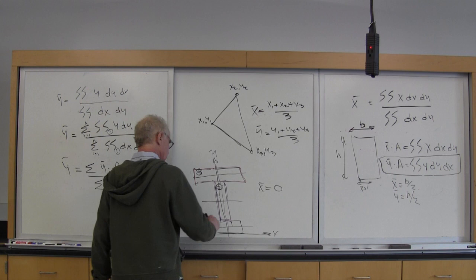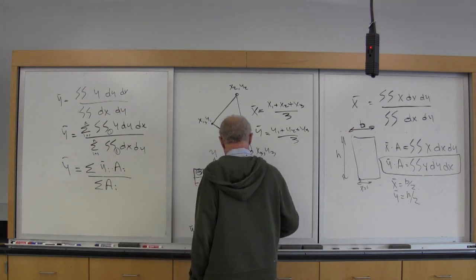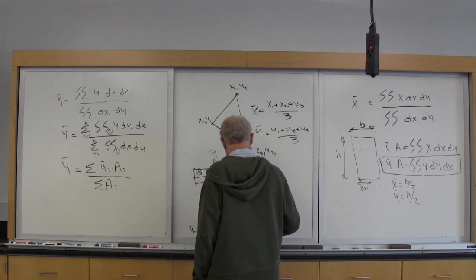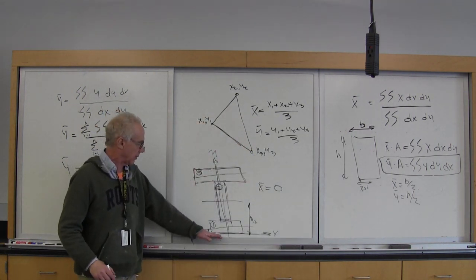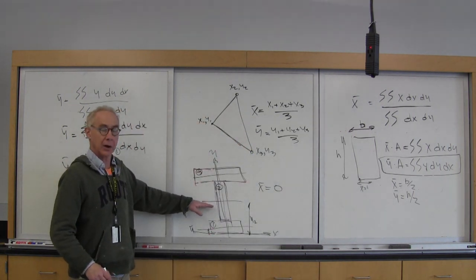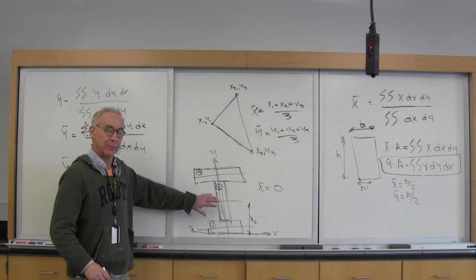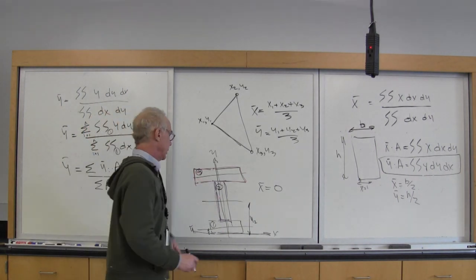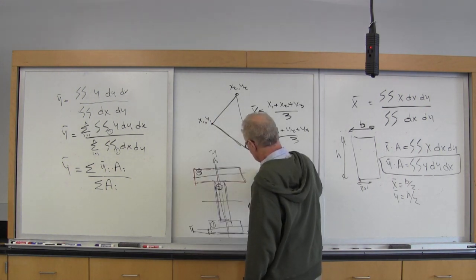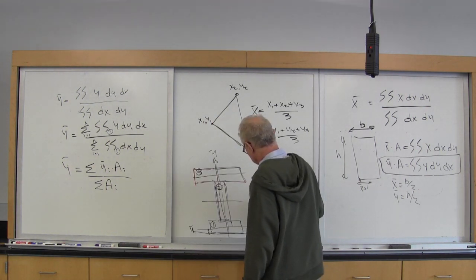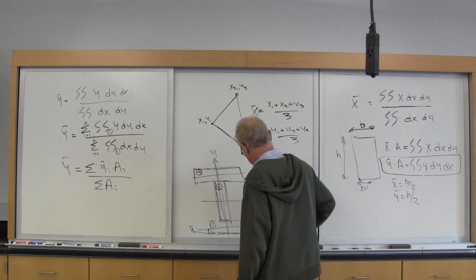And then y2, I'll write it over here. y2 is the distance from the bottom to the middle of our intermediate or middle rectangle. And then y3 would be, from that same point up here, that would be our y3.